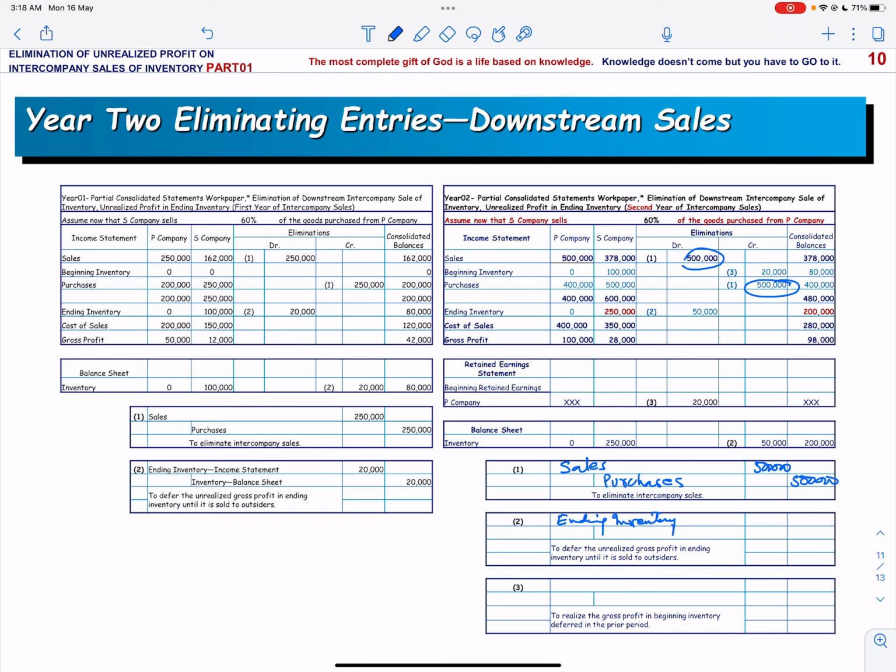Income statement, ending inventory, income statement, and that is 50,000.